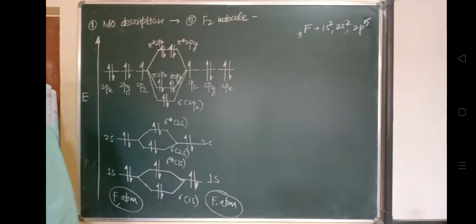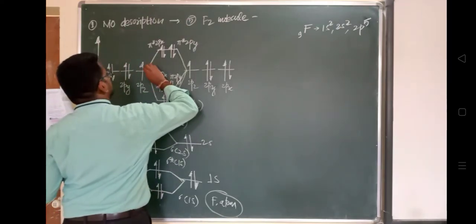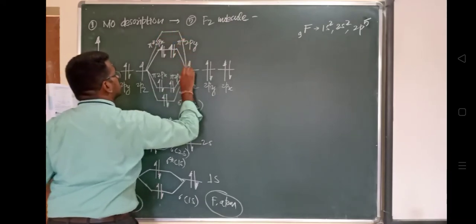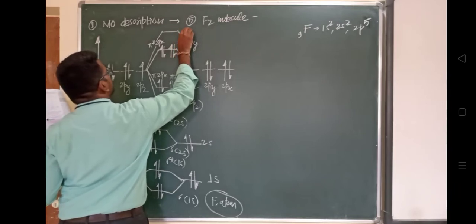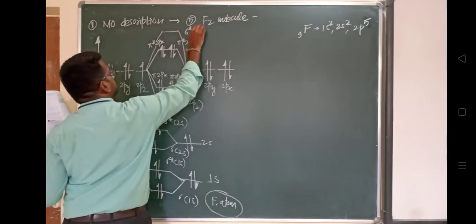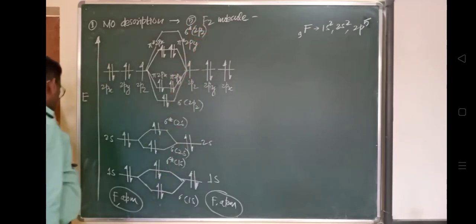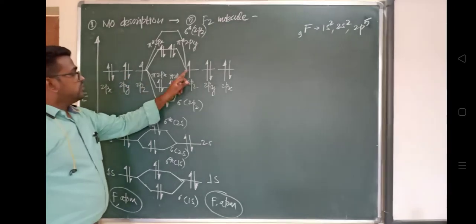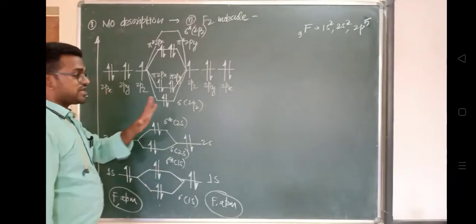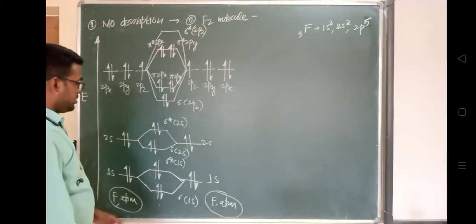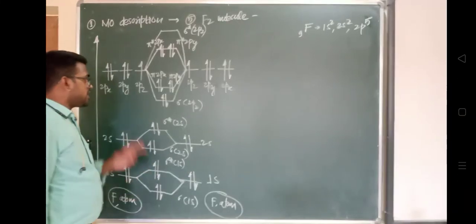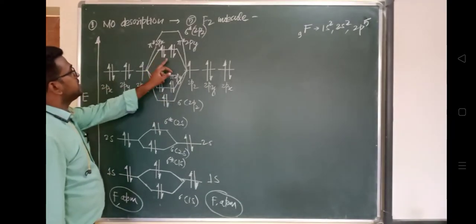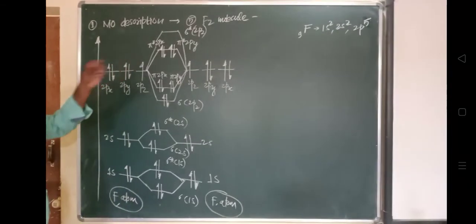In the last, the orbital that will remain vacant is the sigma star 2pz orbital. In this way, 1, 2, 3, 4, 5, 6, 7, 8, 9, 10, a total of 10 electrons take part in the p orbitals for these two fluorine atoms, and the sigma star 2pz will remain vacant.